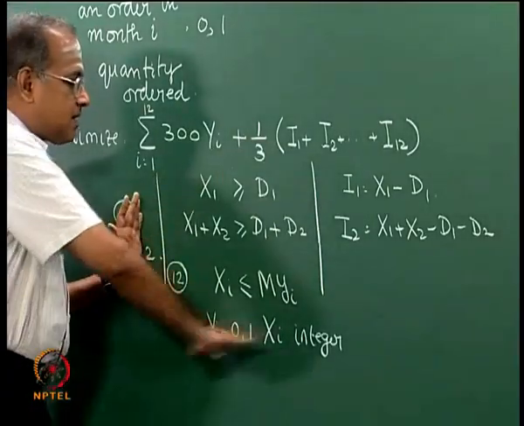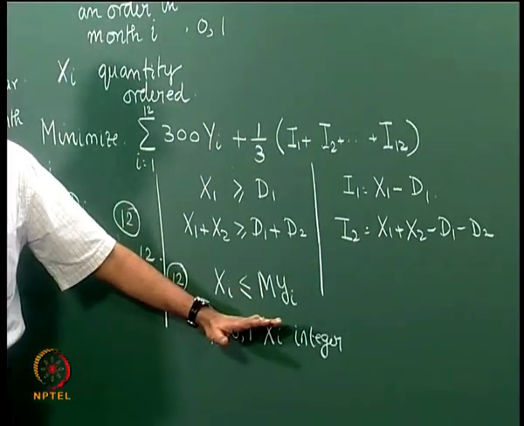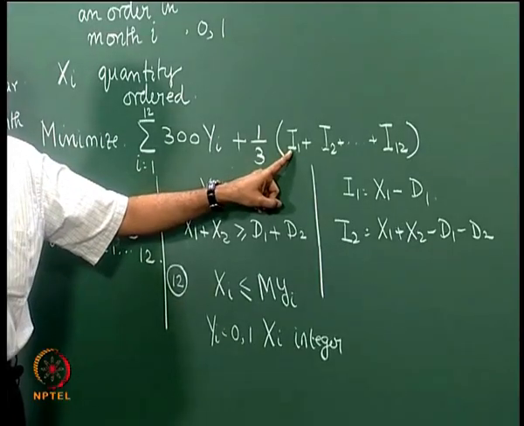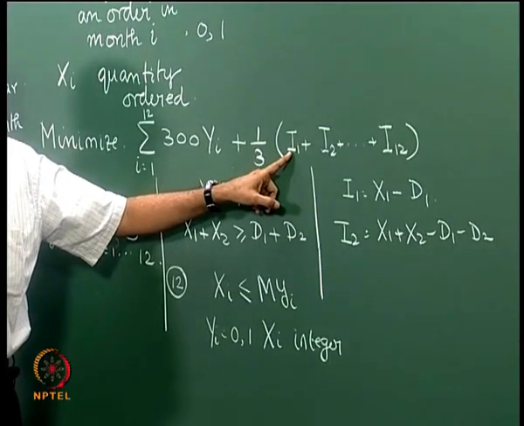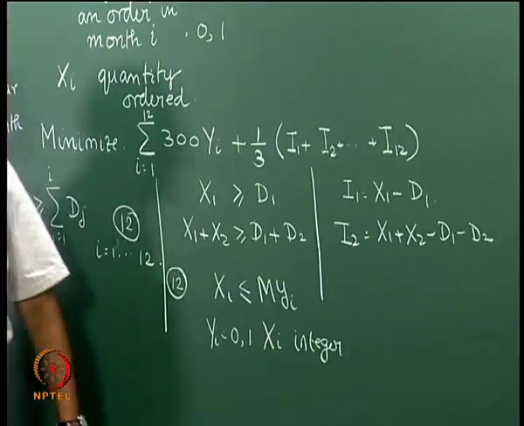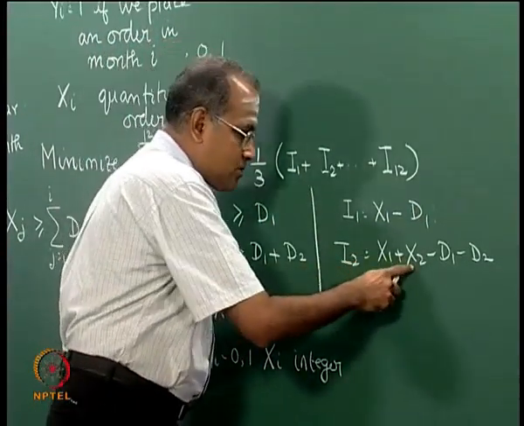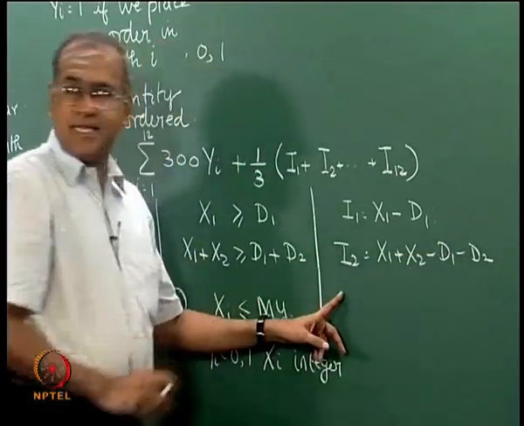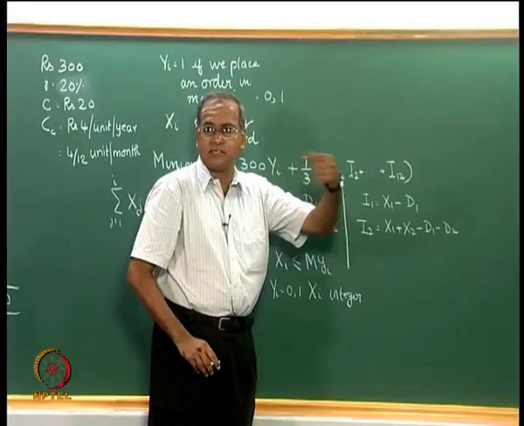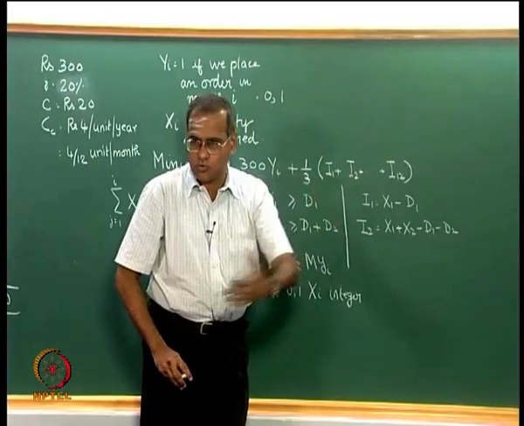So now the constraints are all written in terms of x and y, but the objective function has this I term. So this I has to be replaced in terms of x. So I1 is x1 minus d1, I2 is x1 plus x2 minus d1 minus d2, I3 is x1 plus x2 plus x3 minus d1 minus d2 minus d3 and so on.